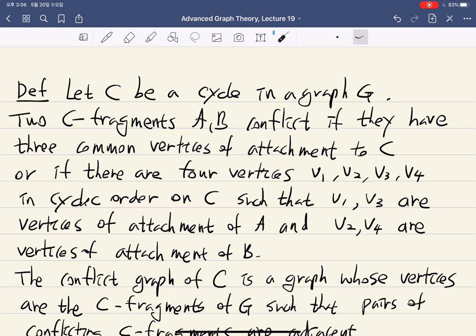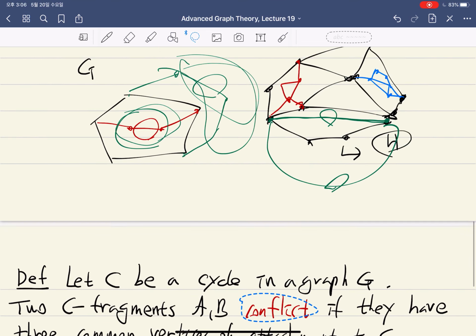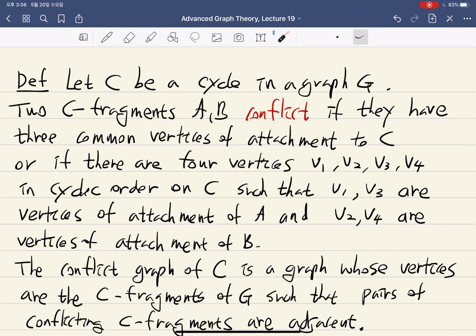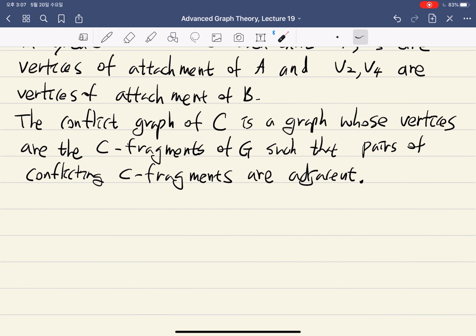So C is a cycle, and we say that two C fragments conflict if this kind of situation happens. If they have three common vertices of attachment to C, then we say they conflict, meaning that we have a cycle.